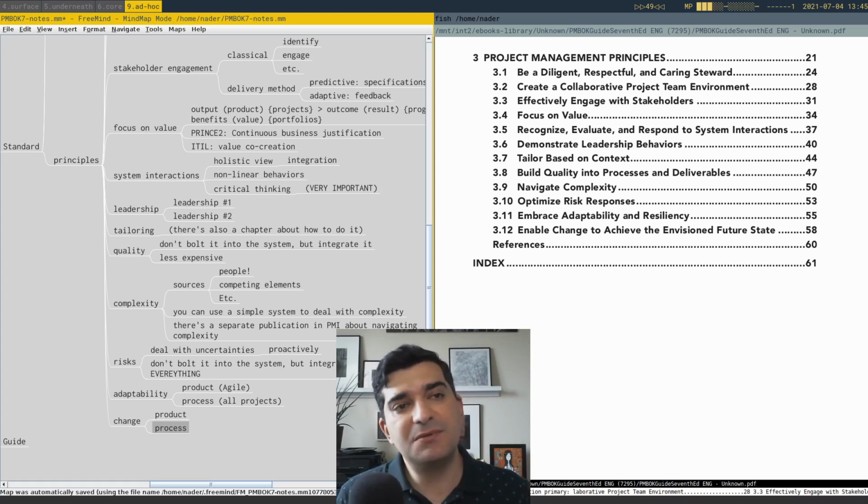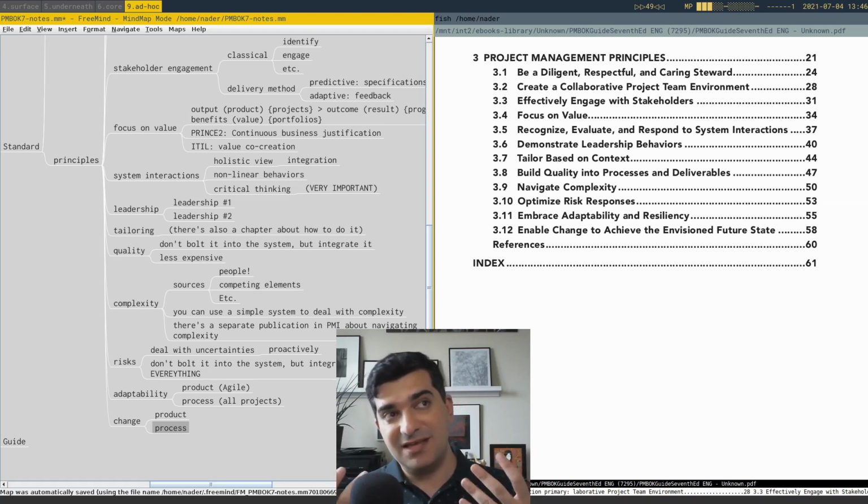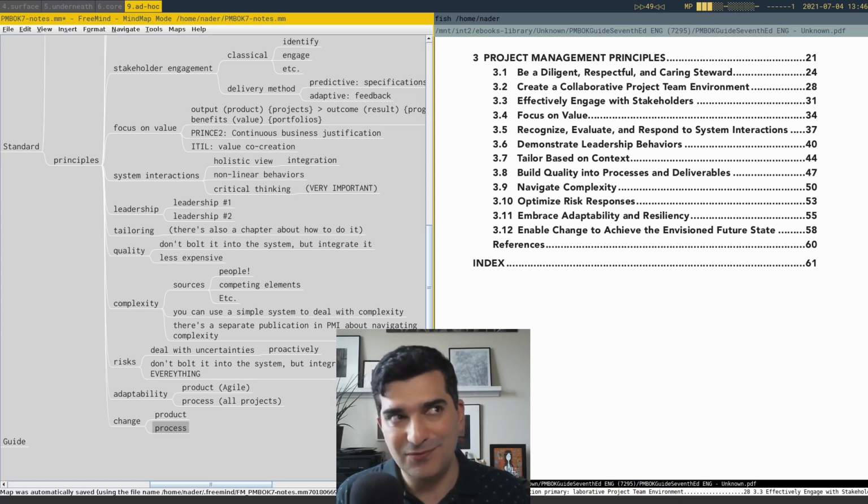That's in fact the case with many of them. When you think about it, many of them have overlaps. So if you are reading two different principles and you can't think of a big overlap between the two of them, don't worry. There's no problem. It's not about you misunderstanding the PMBOK guide. There's always overlaps here.